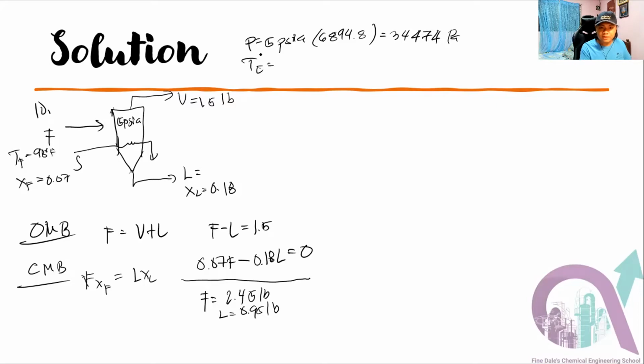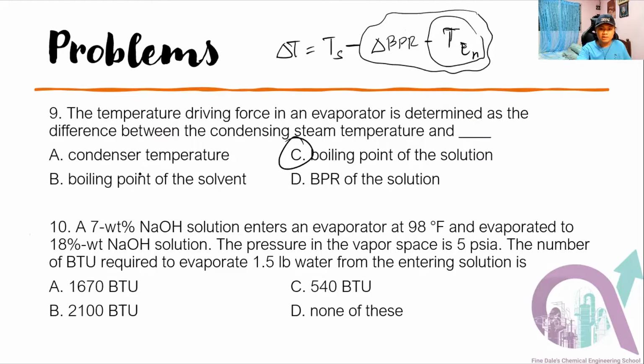From this you can get it in the steam table, table 2-305. At this absolute pressure, you can get the saturation temperature. This is 72 degrees Celsius or 161.6 degrees Fahrenheit.